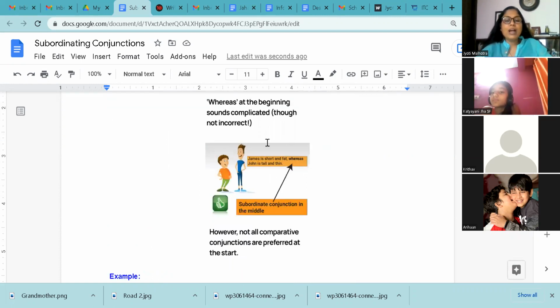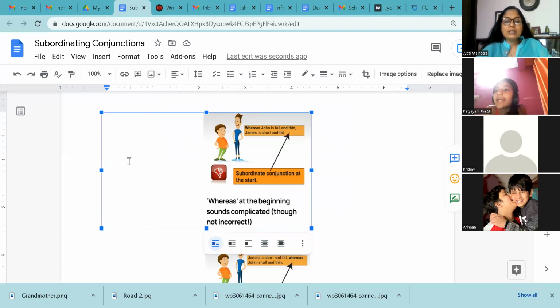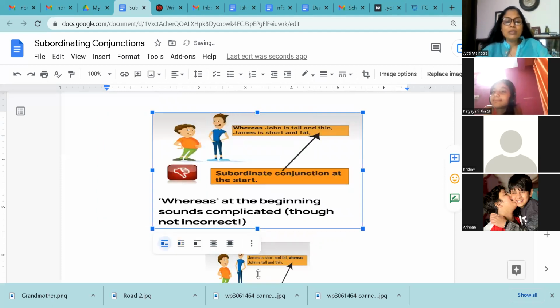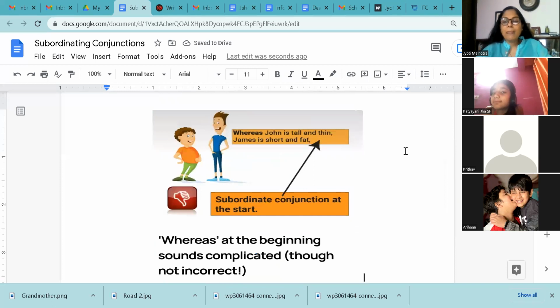Let's have a look at some of the examples. Who wants to read this one? Sai's turn. I had already said that Sai will read. Yes, Sai. Whereas John is tall and thin, James is short and fat. So which one is the main clause?